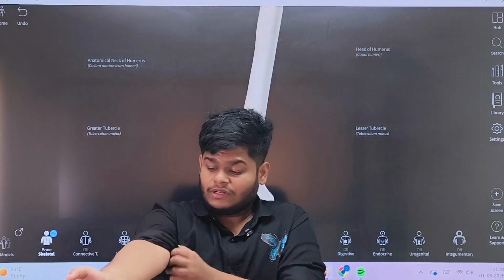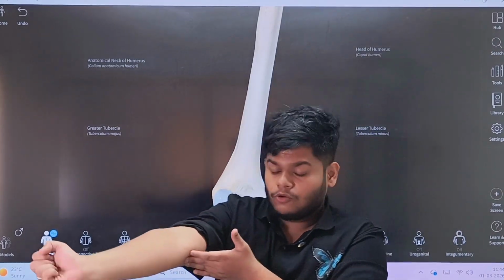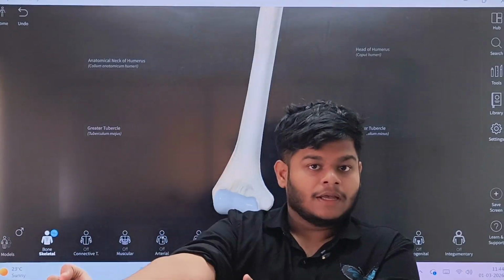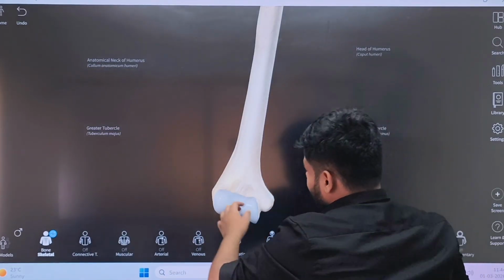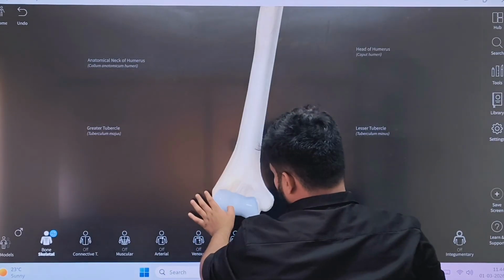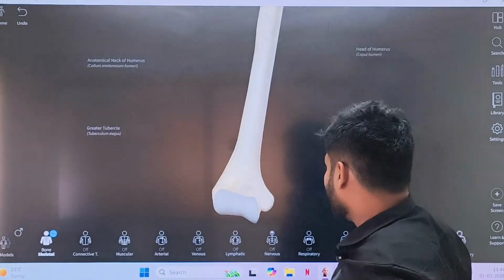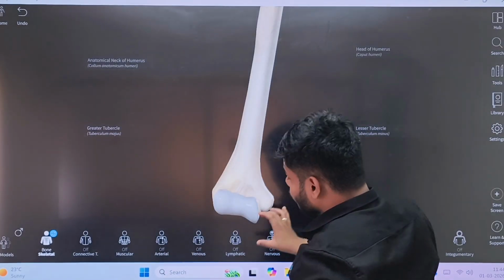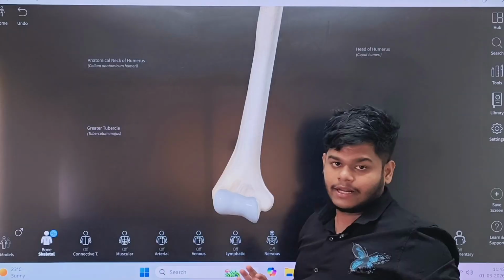When you extend your hand, here you can feel it while touching. So it is nothing but the medial epicondyle. And here there is a small bony projection called the lateral epicondyle. Now the medial epicondyle is larger than the lateral epicondyle, as we see here very clearly.